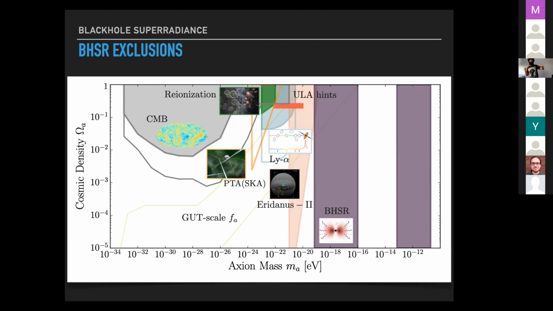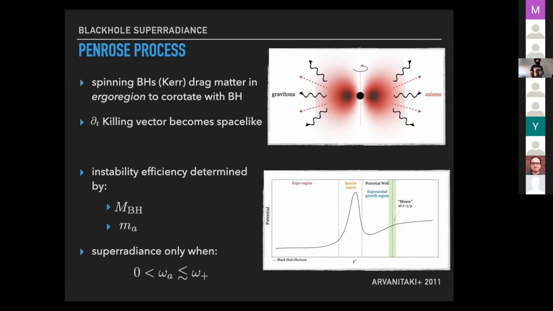There's an additional, there's a third exclusion window using data recently taken from Messier 87, which we also will include in our analysis, but isn't on here because the data only appeared this year. So what I'll focus on is indeed this black hole superradiance and how we can interpret black holes as high precision particle accelerators that can probe these extremely light mass regions.